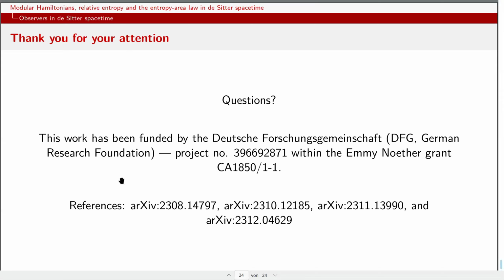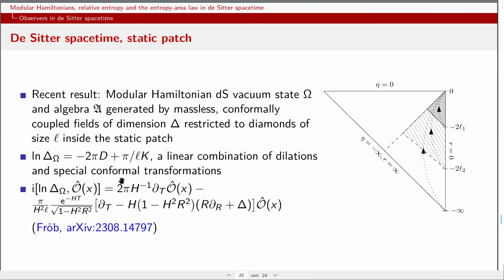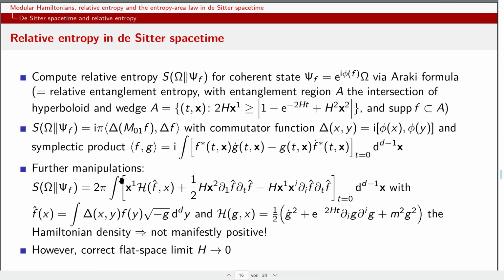I have a question about the choice of the hypersurface. You said that when you calculate the relative entropy on this t equals 0 Cauchy surface, you find that it's not positive. Not manifestly. Okay, right.